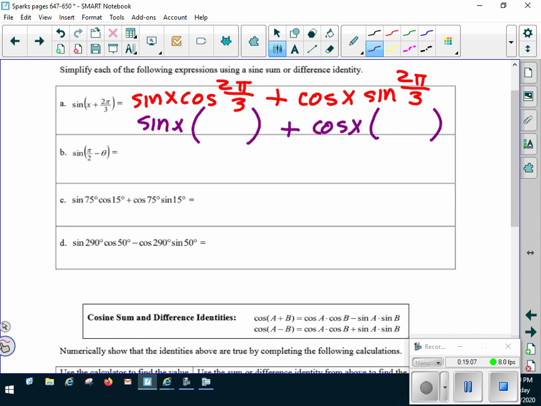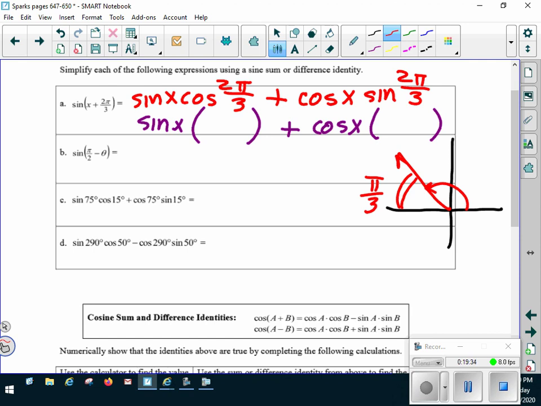All right. Where's 2 pi over 3? What's the reference angle? That's 2 pi over 3. How much we got left? What's the cosine of pi over 3? Say again? Right.